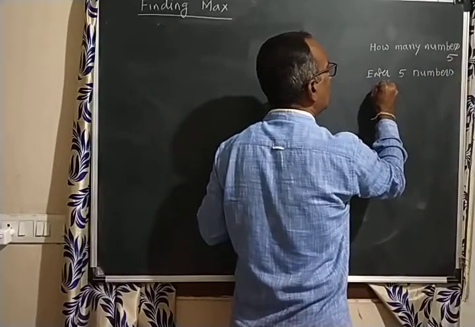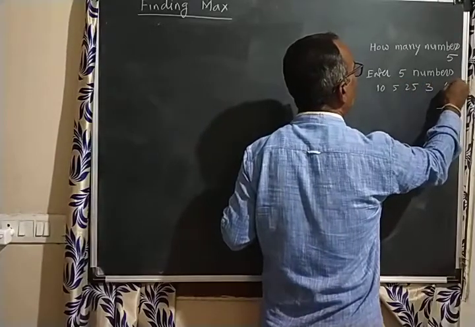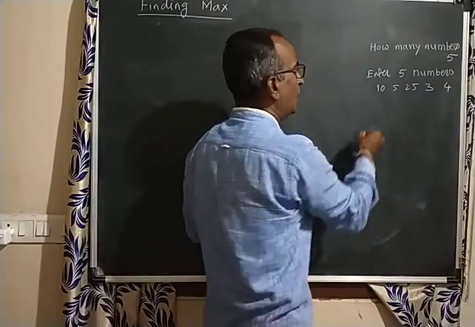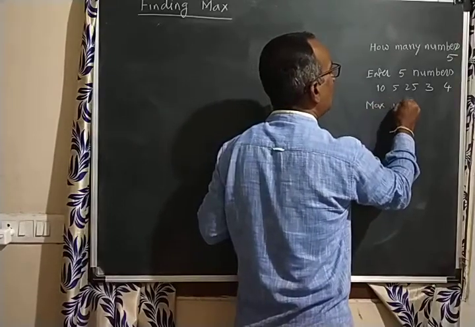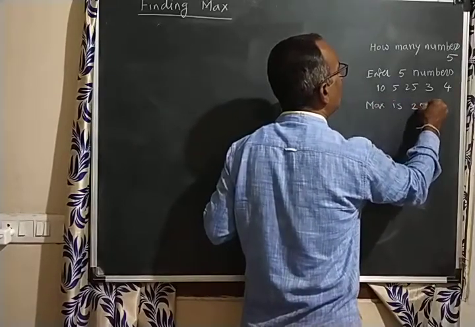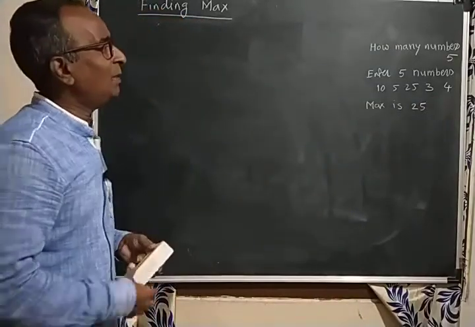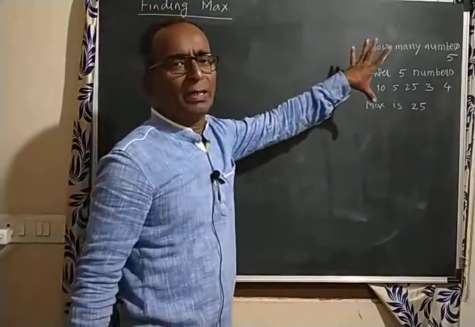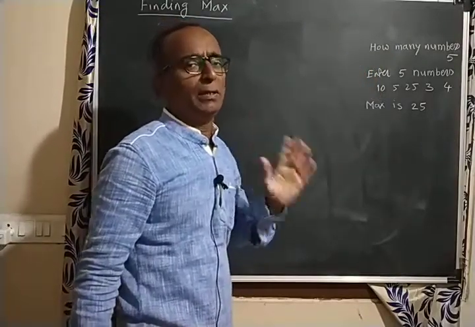Suppose you enter 10, 5, 25, 3, 4. Then I want it to say the maximum is 25. That is the simple program I want to write. If your expected output is ready, then it is very easy to implement anything.